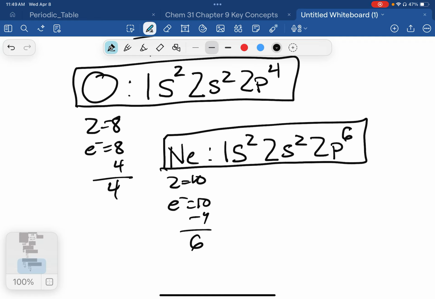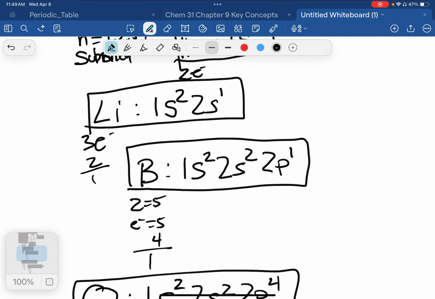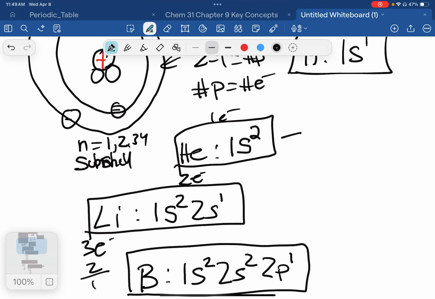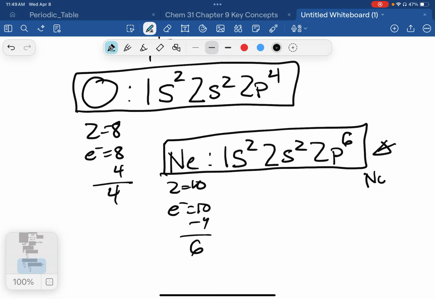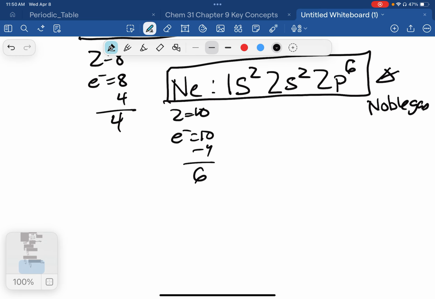So having the outermost shell, the one on the outside, completely filled with electrons, neon is very stable and it's considered a noble gas, as is helium with its full shell of 1. So the whole 1 shell is filled, and this is called a noble gas. And this is also called a noble gas. They are very stable because that outermost shell, the 2, the latest one, is completely full, and that is why they're most stable.